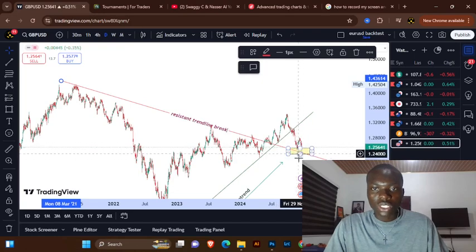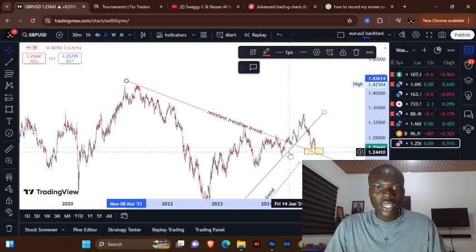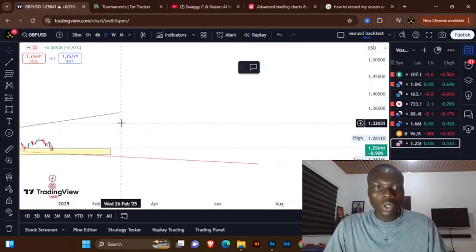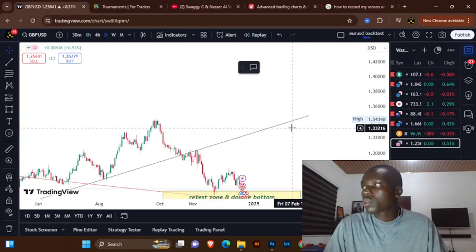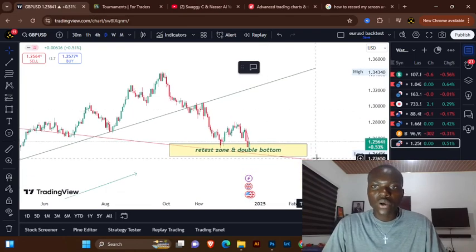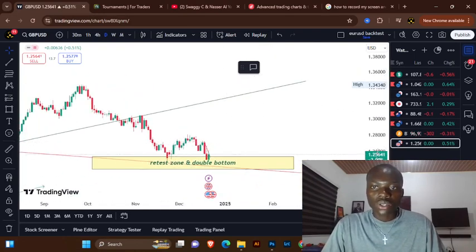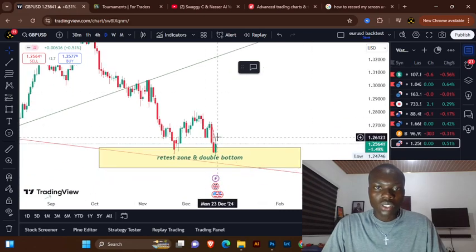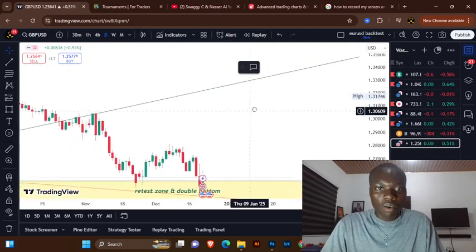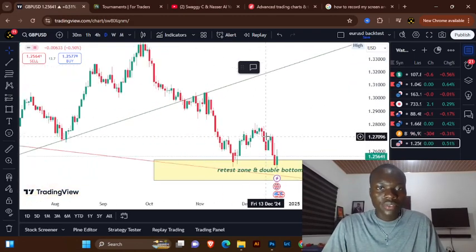It has retested on this trend line. Not only has it retested, it has also formed a double bottom. And a double bottom, what does it mean? A double bottom signifies a reversal. You understand? A double bottom signifies a reversal back up to the upside.